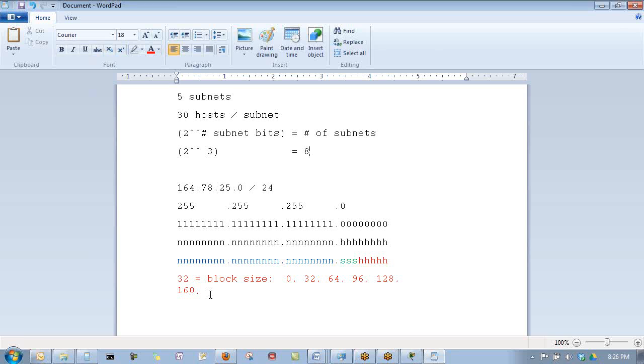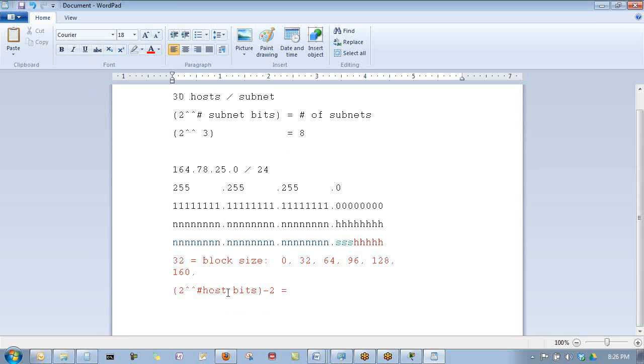Now we're back to the point where how many bits do I have left over for the host address? I have 5. And recall, what is the formula for the number of hosts? The formula is 2 raised to the number of host bits, minus 2.